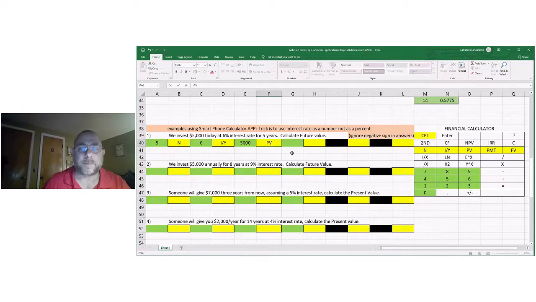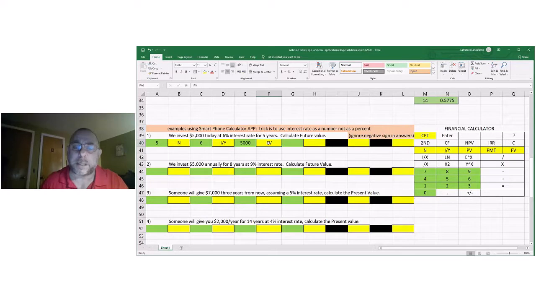And you're going to enter that as our PV value. That's our present value. And then this is really, really important. This is where people screw up. Remember how we had 4 tables? 2 for present value, 2 for future. But of the 2 that we have, one was for a single amount and the other was for a repeating amount. If you have a single amount, you use PV or FV, depending on what you're solving for.